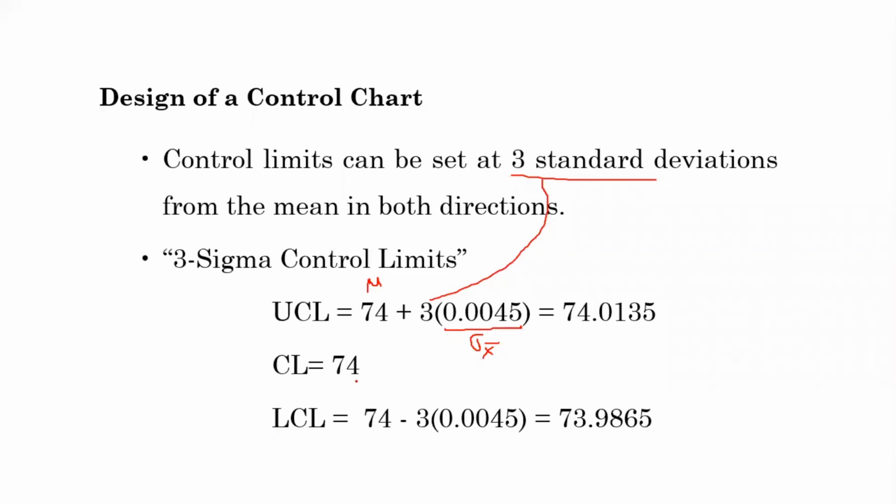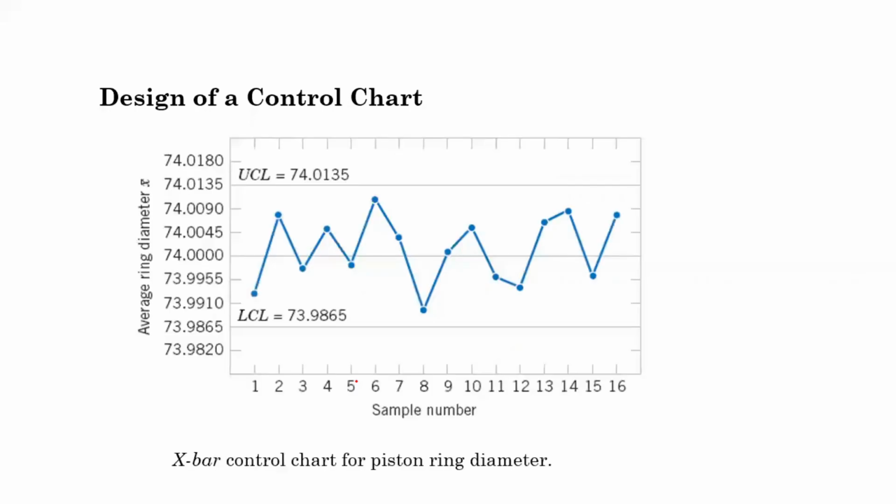Now you could use this and plot the graph. This is just for illustration. So you have the center line at 74 millimeters, and the upper control limit would be a bit higher, 74.0135, and the lower control limit would be 73.9865.